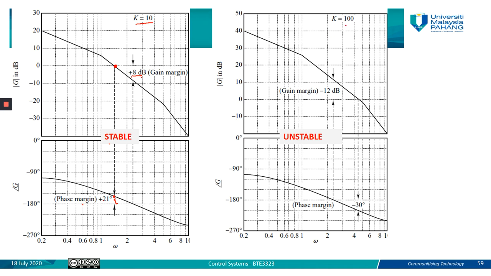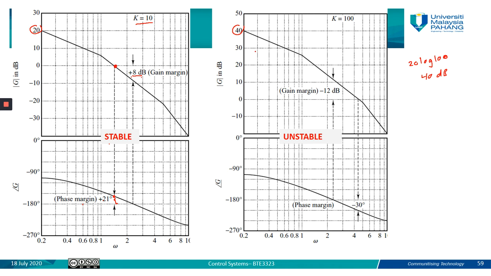In the case of K equal to 100, the value of the gain, which is 20 log 100, will be different. It will be 40 dB. Instead of starting at 20 here, we start at 40 at this point.